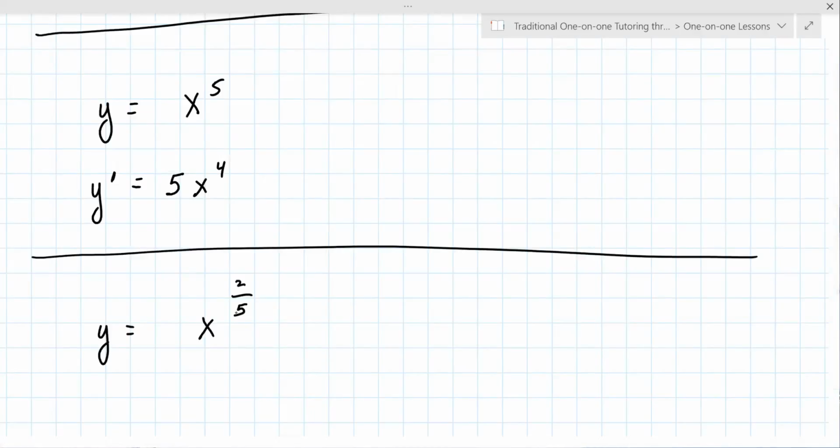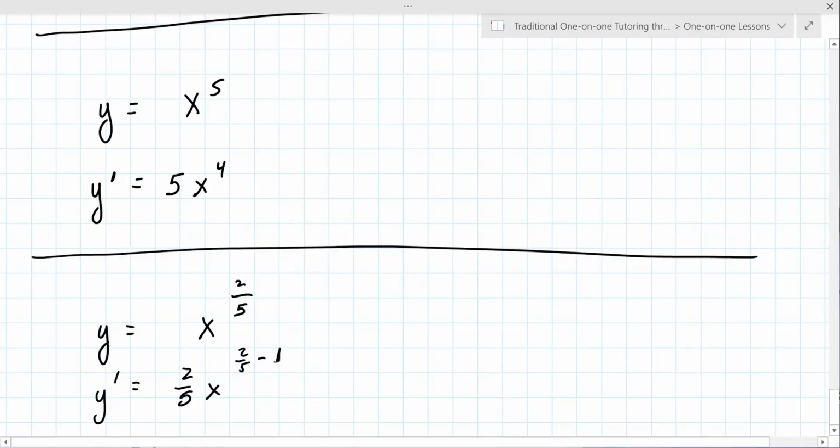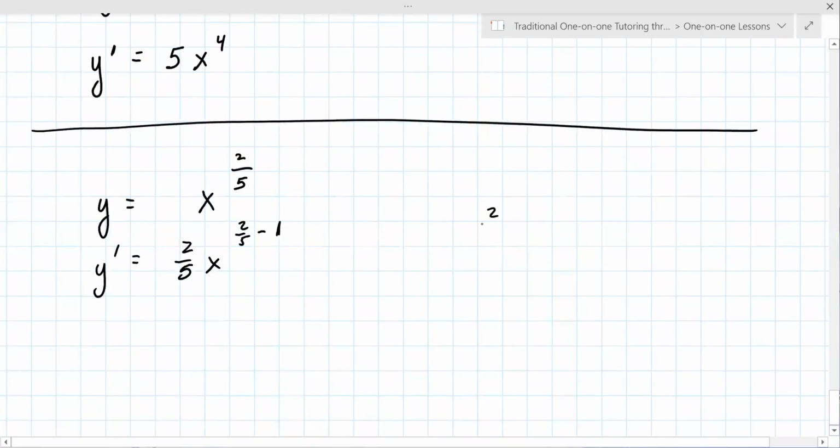The derivative is 2/5 x to the 2/5 minus 1. Okay, so you have to be able to subtract fractions here. So 1 is like 5 over 5. So that's minus 3/5. So this is 2/5 x to the minus 3/5 power.